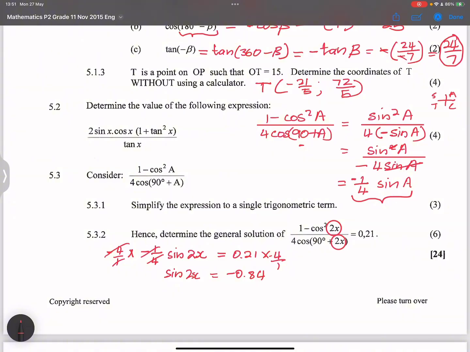Okay, now there are two ways in which to do this. We can look at where sine is negative and solve for that. But what I always do is I just look at whatever angle that we have. We are simply going to say 180 minus. So when it's sine, just simply say 2x is equal to the arc sine of negative 0.84.